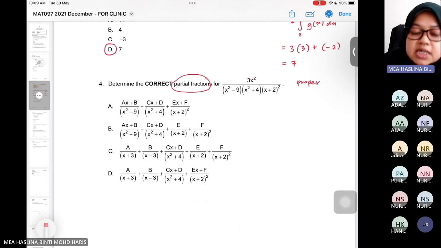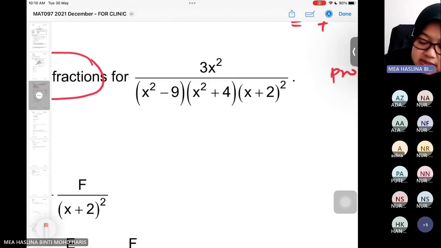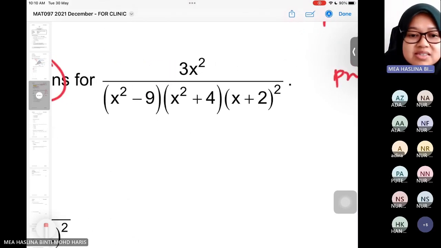Okay, so when it's already proper, you just need to think of the possible form of the partial fractions, which will be depending on the type of factors in the denominator. So you identify here x squared minus 9, x squared plus 4, x plus 2 squared. So all are quadratic factors, but you have to identify whether it's reducible or irreducible.